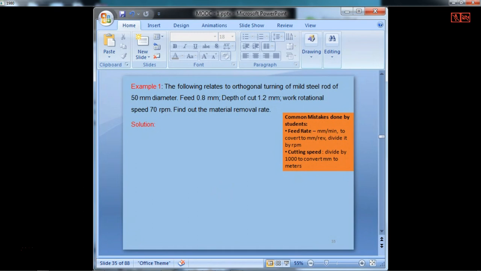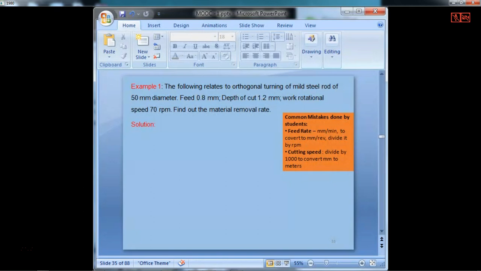Take the turning process of a mild steel rod of 50 millimeter diameter, that is, D is 50 millimeters. The feed is 0.8 millimeters, which, as I said, means 0.8 millimeters per one revolution. The depth of cut is 1.2 millimeters, and the work rotational speed is 70 RPM.